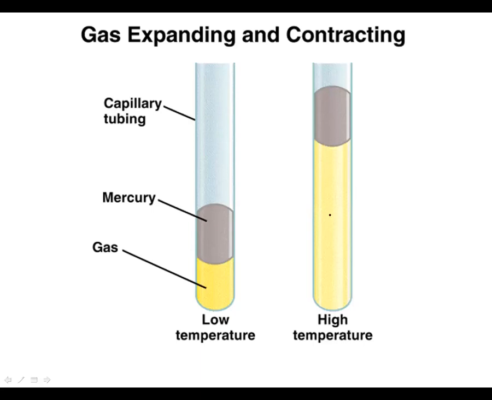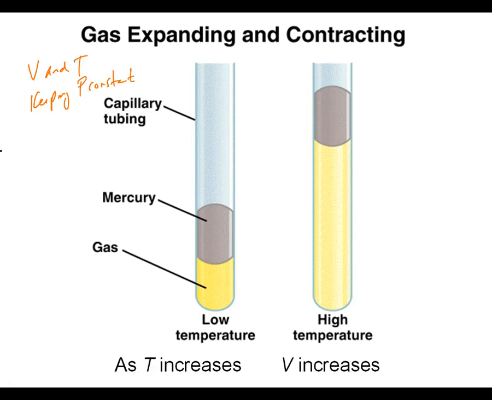The next sort of relationships we're going to be talking about is, for example, a volume and temperature relationship, keeping pressure constant. And what we see when we look at that relationship here is at low temperatures, our gas molecules are moving relatively slow, and we have a small volume.